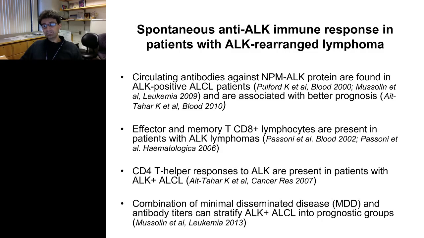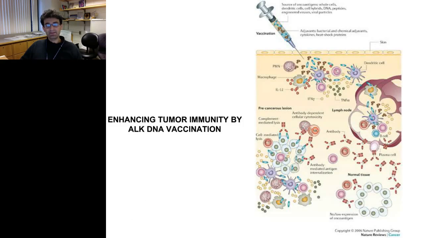So we were really primed by this data to plan a way to boost the immune system even further, by a specific vaccine, to recognize ALK as an antigen in different types of tumor, and I'm going to present data against lymphoma and against lung carcinoma.